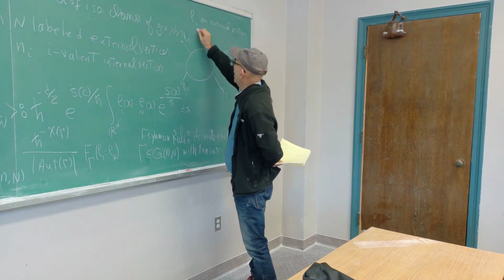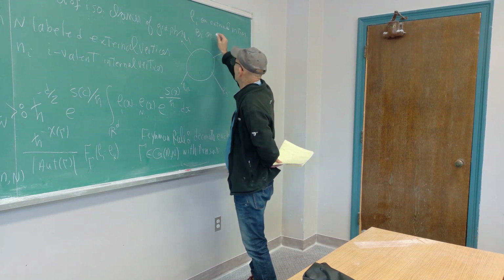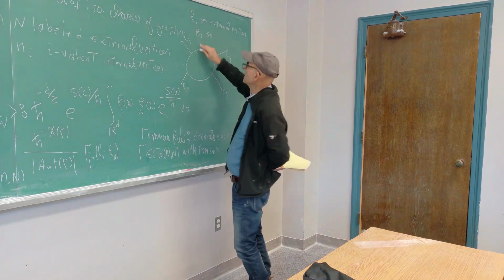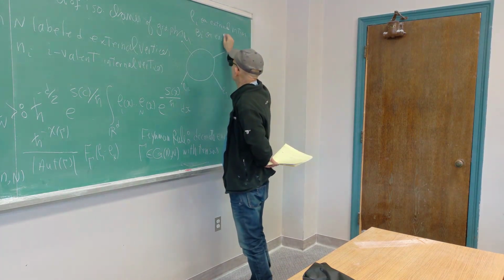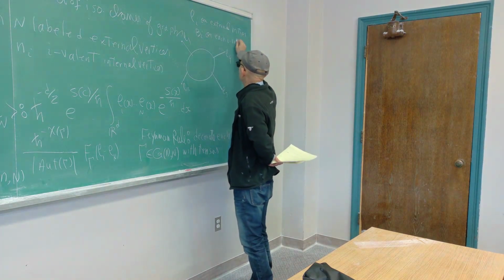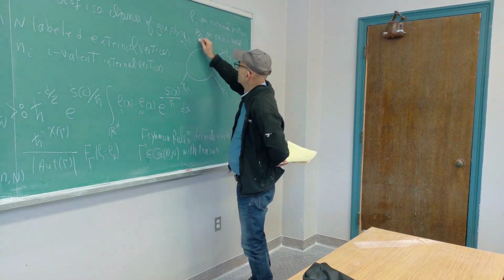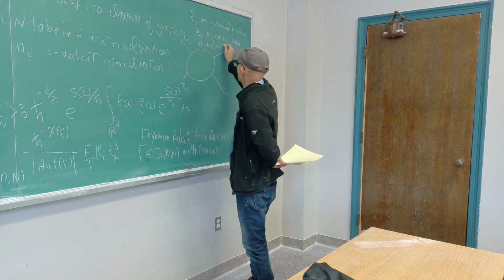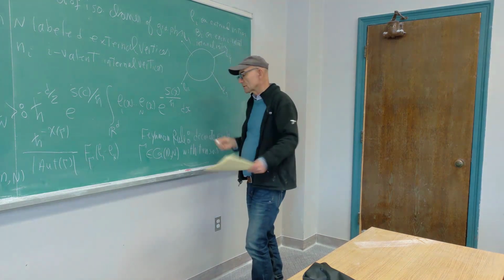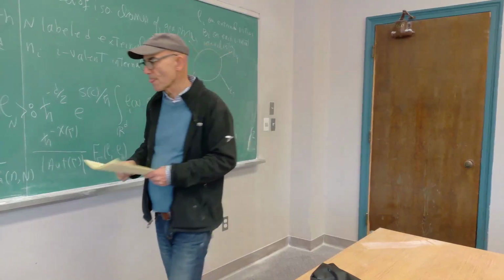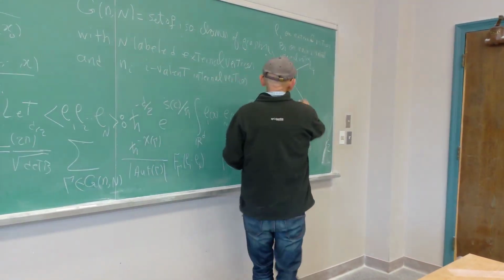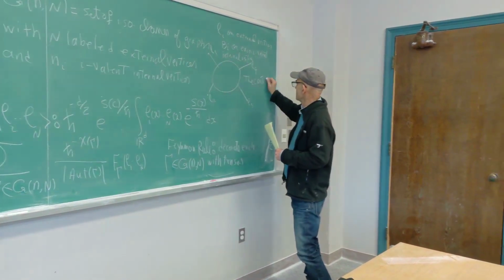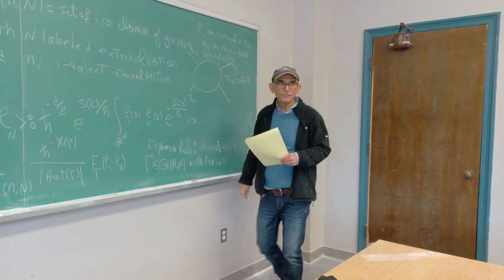And then Pi on each I-valent internal vertex. And then we contract.